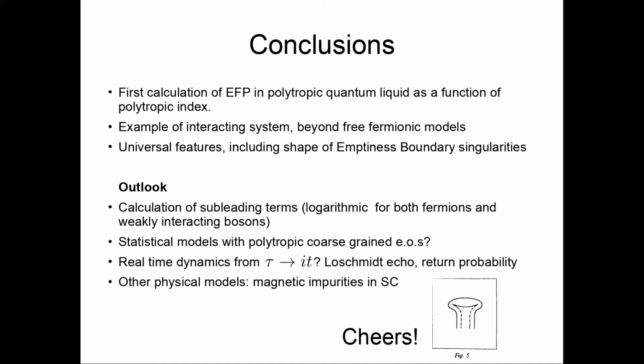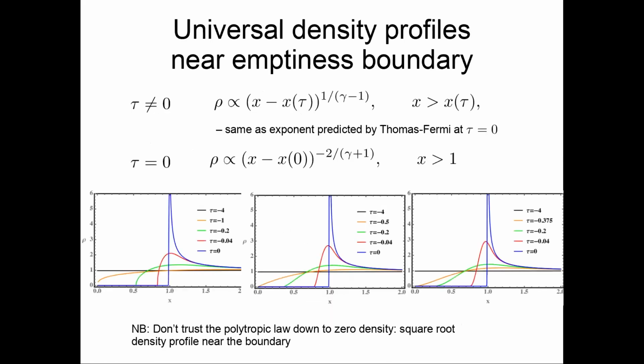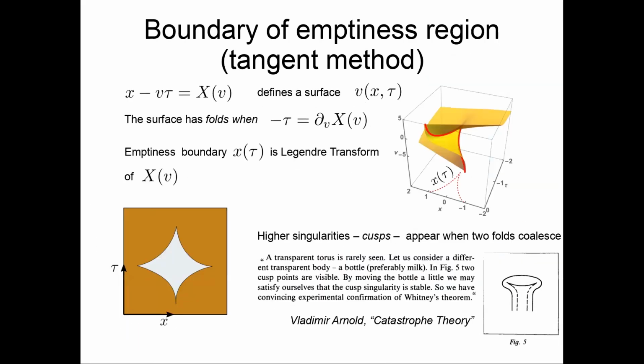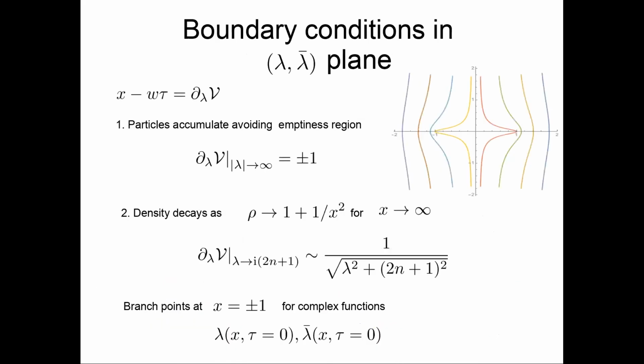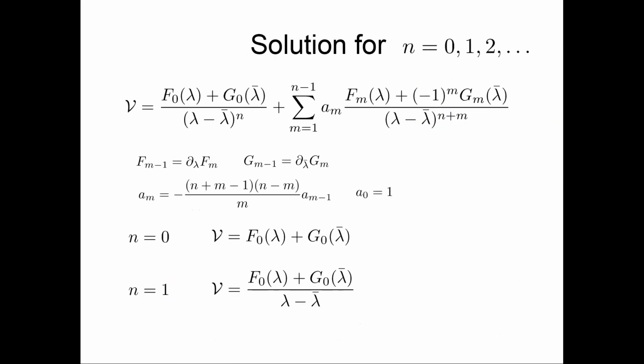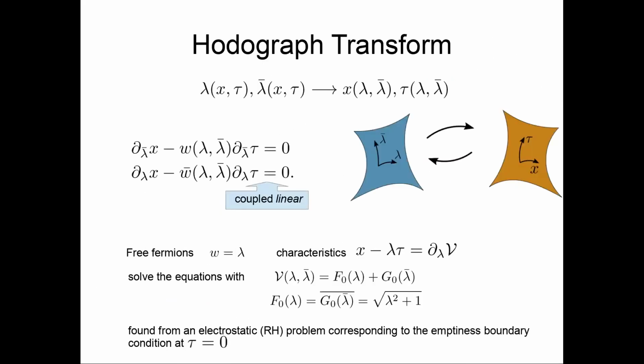The random matrix calculation is essentially finding, solving this equation. I would say that solving this equation at tau equals 0 is essentially a Coulomb gas calculation. And all the evolution follows from that.